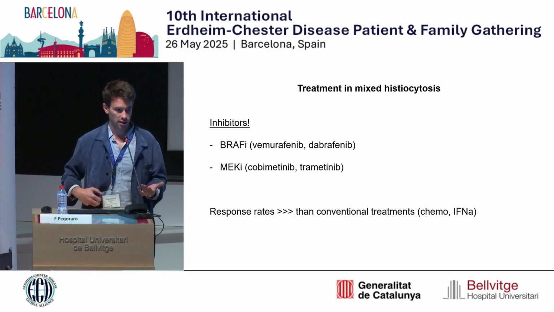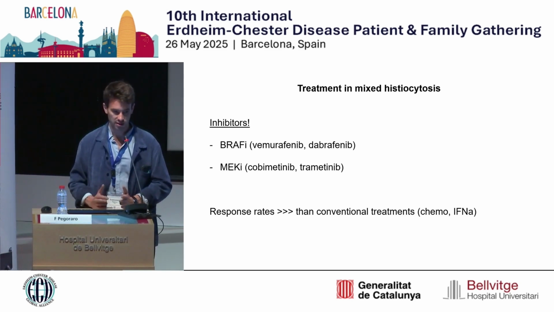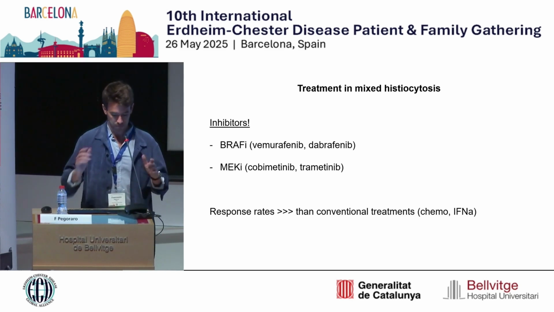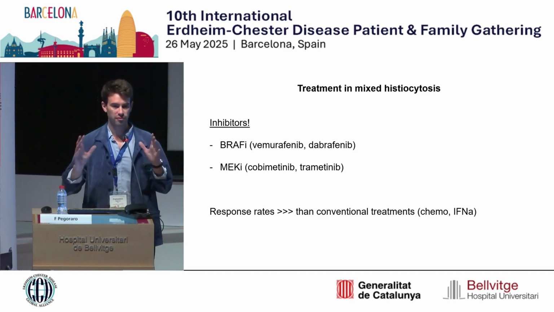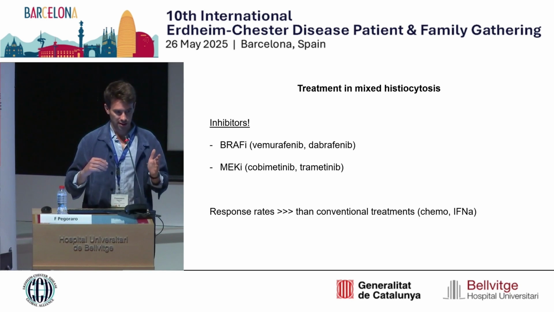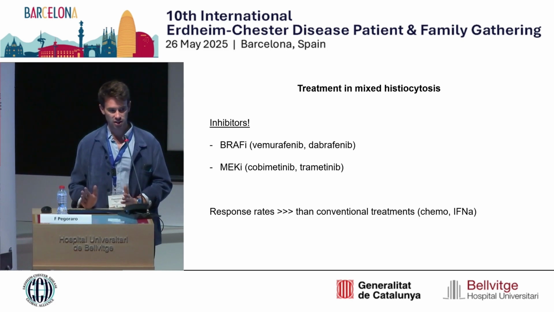So what we learned, and this is information that comes from recent work from our group and from Dr. Diamond's group, is that when you use conventional treatments, the first standpoint is that the ECD component is the most important to treat. Then LCH-driven treatments or RDD-driven treatments are usually less effective than ECD-driven treatments.